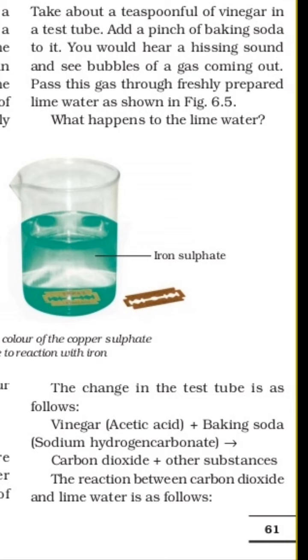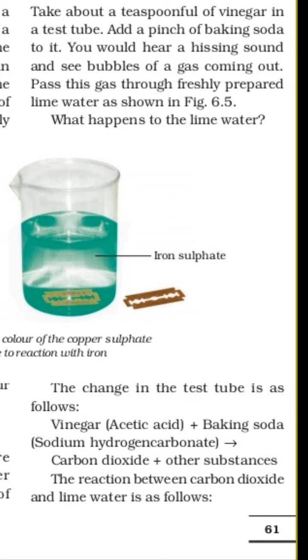Vinegar, whose scientific name is acetic acid, and we are adding baking soda, whose scientific name is sodium hydrogen carbonate. When we add baking soda to the vinegar, it becomes carbon dioxide and other substances.